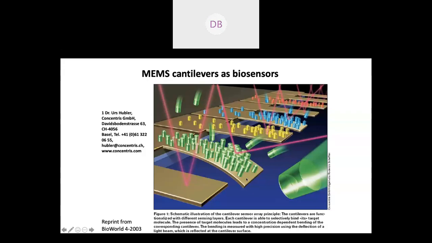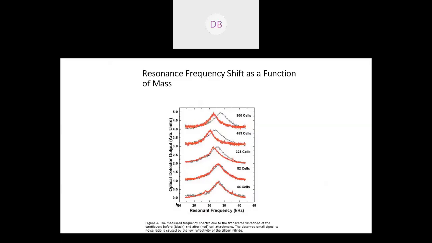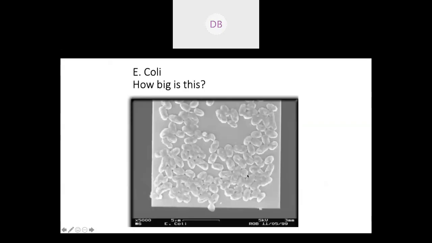As of now, this E. coli cell is of picogram weight. It has dimensions in picometers or nanometers, and we happened to design a cantilever to measure the mass of this E. coli.